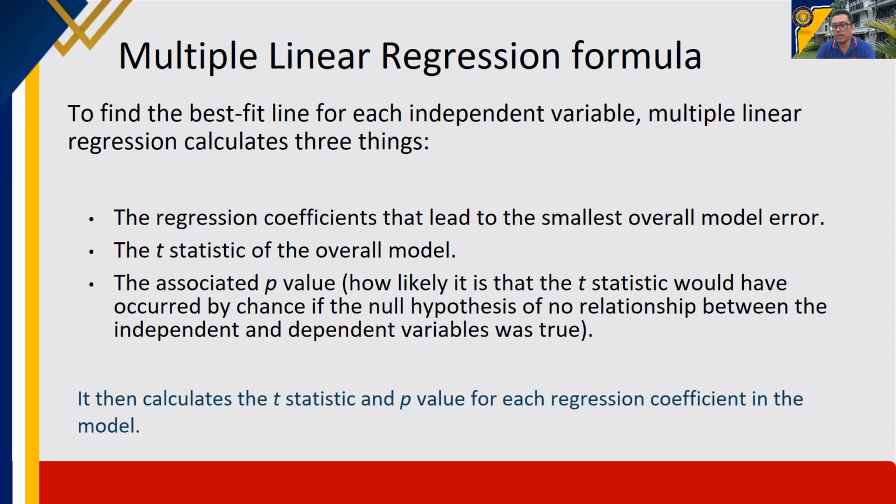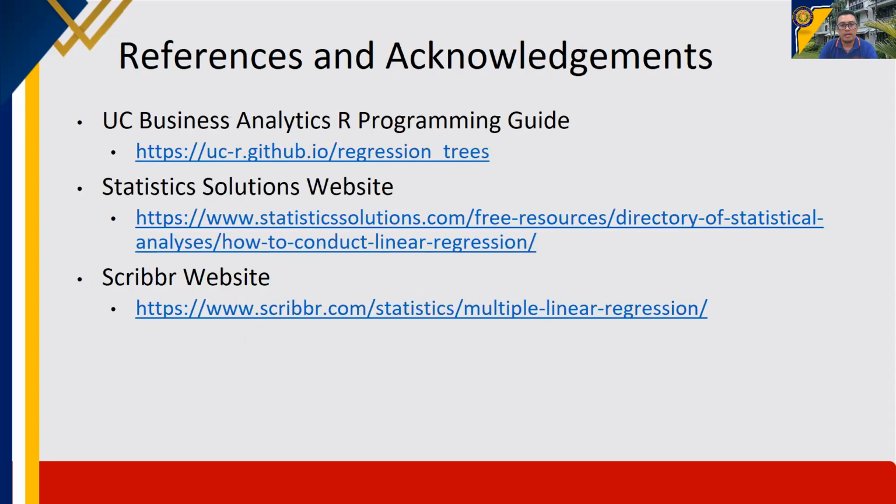Third, the p-value: how likely it is that the t statistic would have occurred by chance if the null hypothesis of no relationship between the independent variables and the dependent variable were true. It then also calculates the t statistic and p-value for each regression coefficient in the model. So that's the discussion about linear regression.